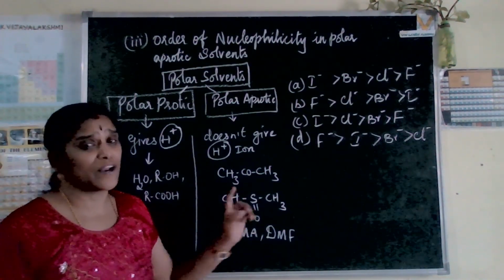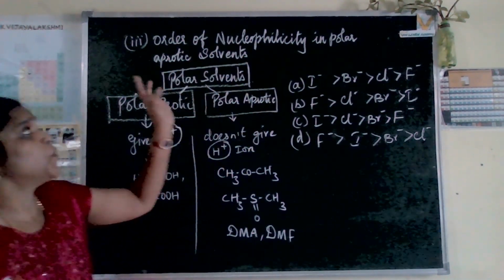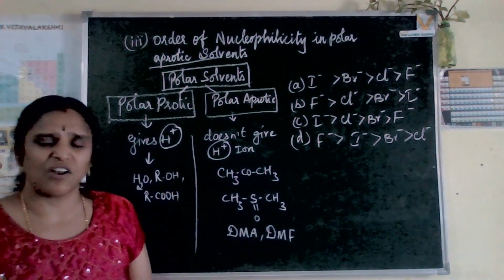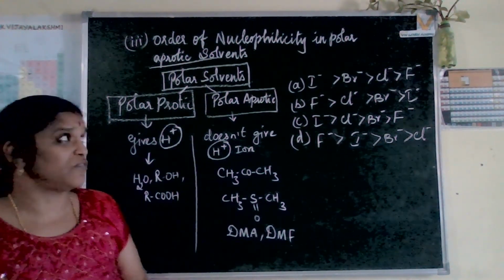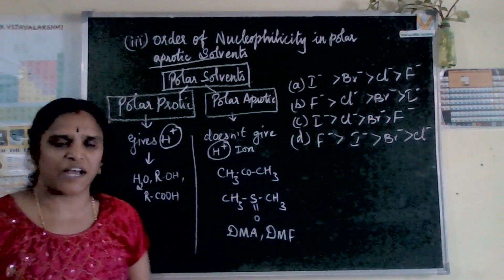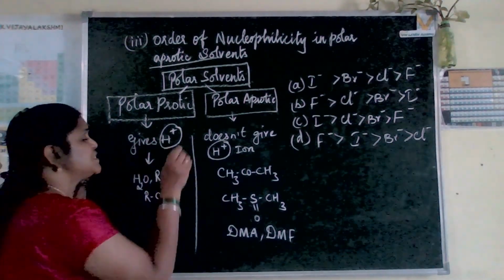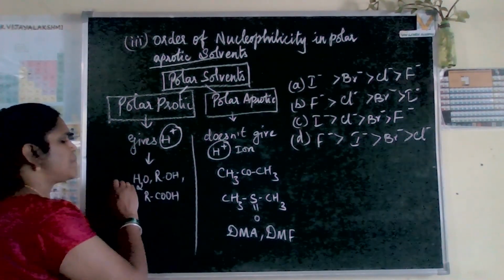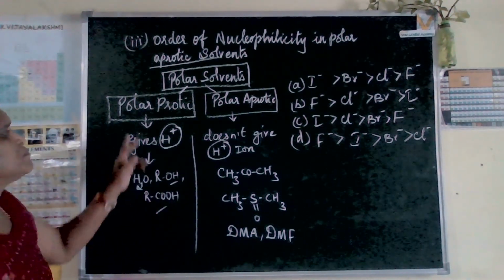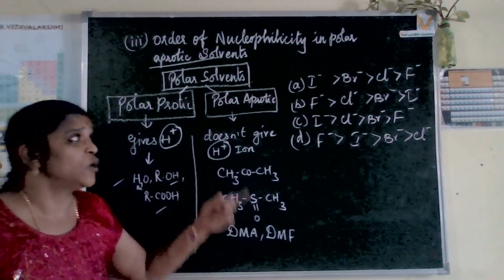Let us go for one more question: the order of nucleophilicity in polar aprotic solvents. When we talk about polar solvents, two kinds are there: polar protic and polar aprotic. Polar protic solvents give H plus ions; examples are H2O, alcohol, and acids.